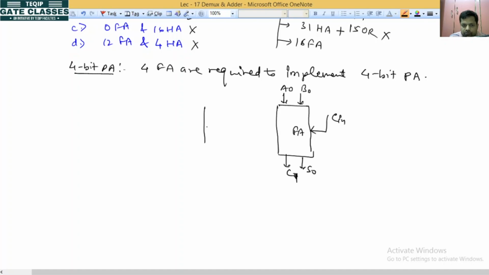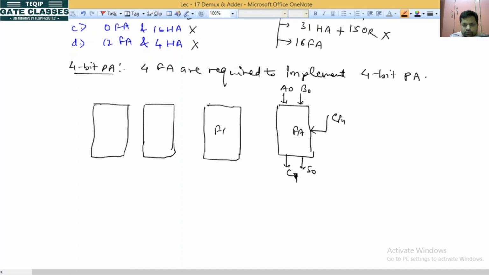Now again we know that 4 full adders are required, so I am going to draw all these full adders here. So this is a full adder, again a full adder, this is again a full adder. Now we have A1, B1, and this will be linked here.